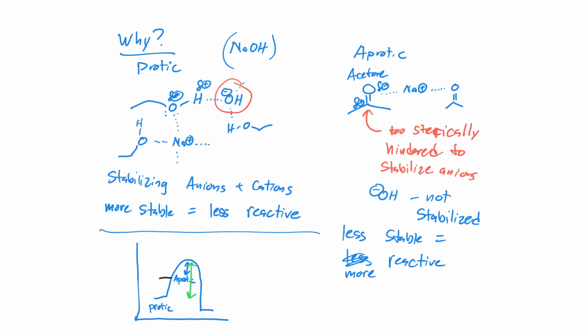Thus, the reaction, if we start here, should be easier to achieve the product compared to if we start at this position in the more stable situation with the protic solvent. So here you can see an energy diagram rationalization as to why the aprotic solvent causes faster rate in an SN2 reaction.